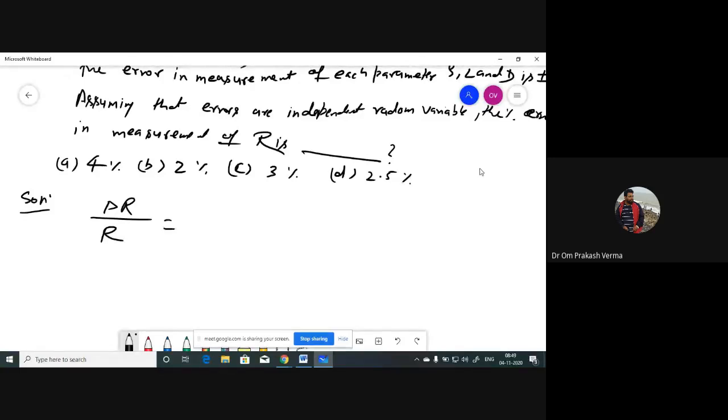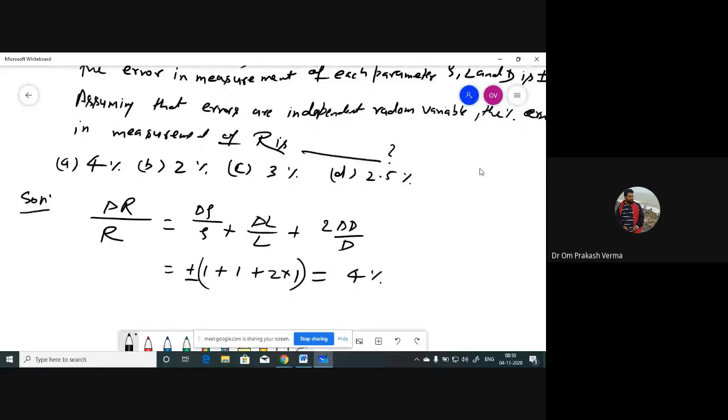When you find the limiting error, it is delta rho upon rho plus delta L by L, and since d square is in the denominator, you take the power factor 2 delta d by d. Each is given as 1, so 1 plus 1 plus 2 into 1 is the maximum, plus or minus. So it is 4%, plus or minus 4%. The answer is always plus or minus, so you can find 4%.